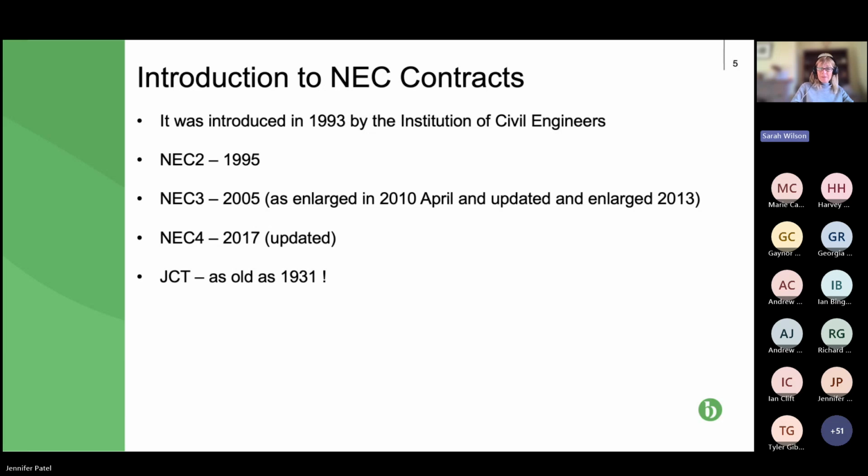I haven't listed them because in almost 100 years there will be a lot. But just for your information, the most recent is JCT 2024, which unsurprisingly was introduced last year in 2024. So that's what we're going to be looking at today in terms of the comparison. Next slide, please, Jen.